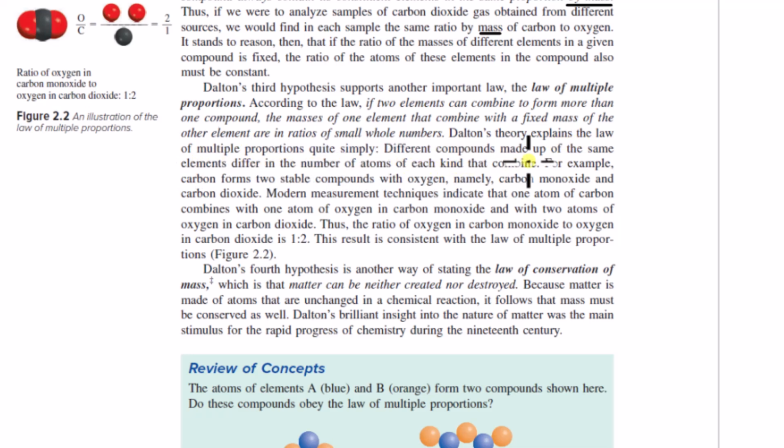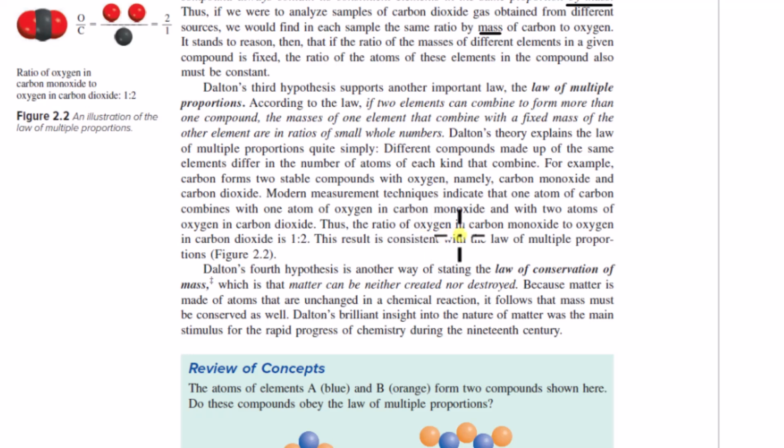Okay, so Dalton's third hypothesis explains the law of multiple proportions quite simply. Different compounds made up of the same elements differ in the number of atoms of each kind that combine. Yeah, exactly. H2O, H2O2. For example, carbon forms two stable compounds with oxygen, namely carbon monoxide and carbon dioxide. Modern measurement techniques indicate that one atom of carbon combines with one atom of oxygen in carbon monoxide, and with two atoms of oxygen in carbon dioxide.